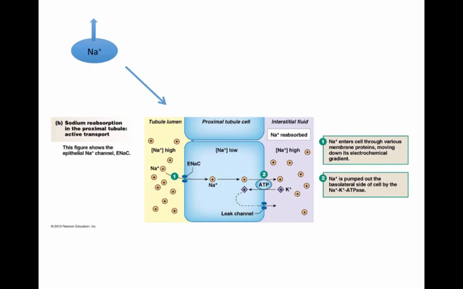So this always-on sodium pump here that's just drawn as a circle in the membrane is really representing this dual process of sodium moving in by facilitated diffusion, moving across the cell, and being pumped out by active transport. We're calling it an active transport process, though, because it relies on the activity of this sodium-potassium ATPase.